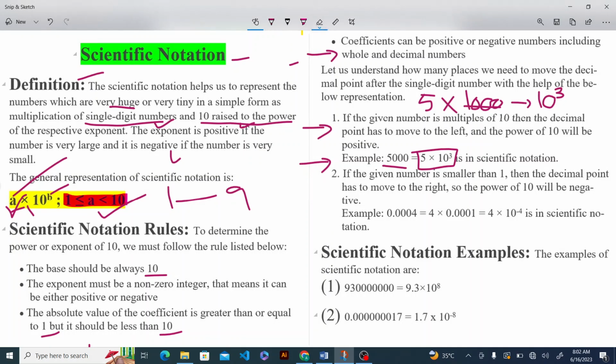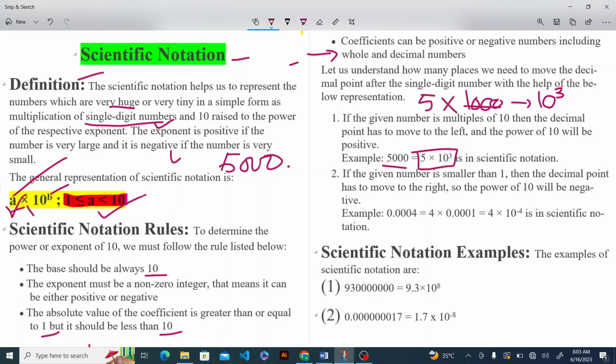Let me make it more clear by writing it step by step. See students, if we have this value 5000, we suppose that the decimal point is here at the last. By seeing 5000 we know that it is a multiple of 10, so the power of the base 10 will be positive.